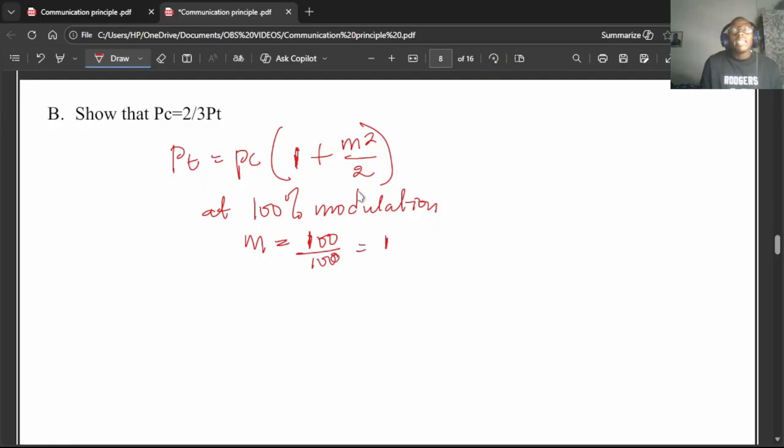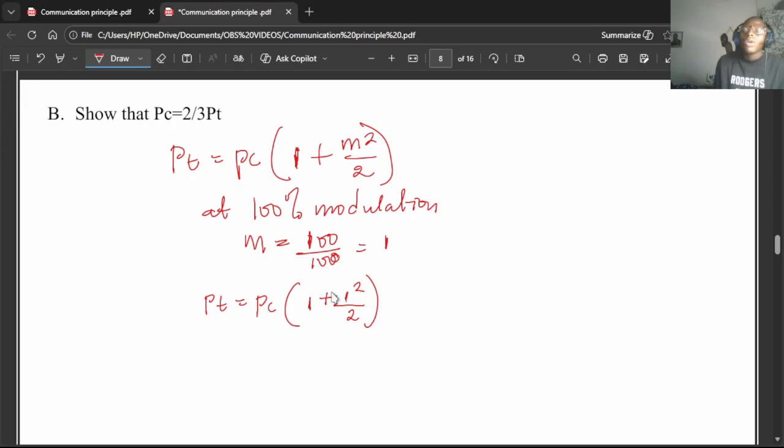So in a place where we see modulation index M, we input 1. You now have your new equation: PT is equal to PC into 1 plus 1 squared divided by 2.